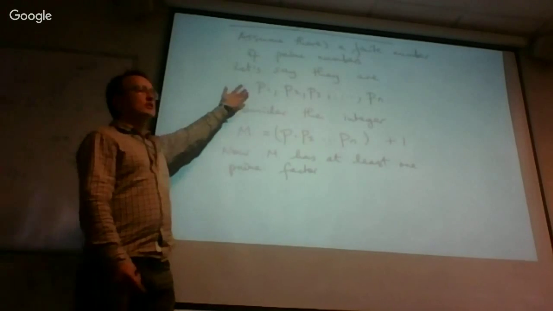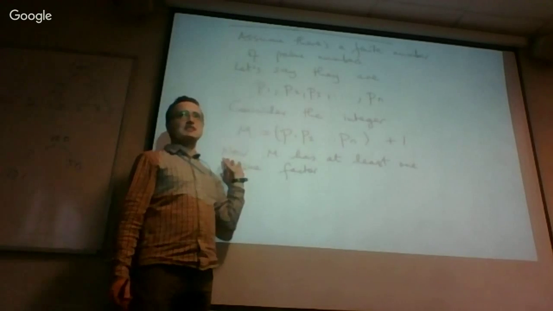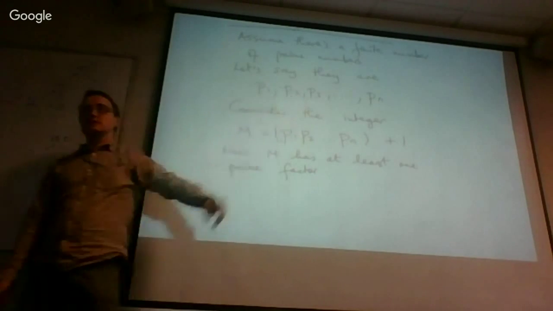Now we've just assumed there are only a finite number of primes, so the prime factor that it has must be one of these P's, Pi, say, where i is one of these index values between 1 and n.